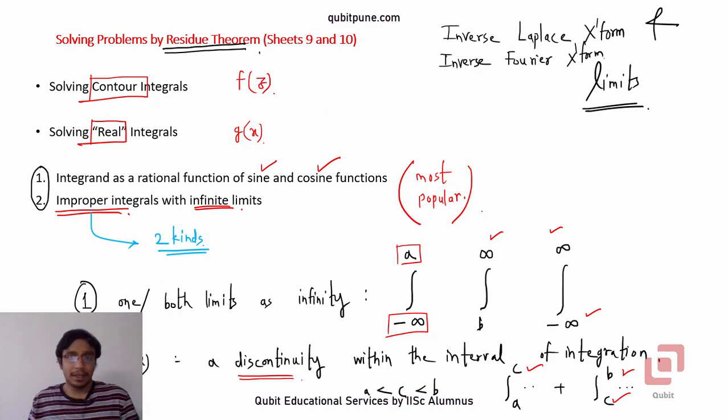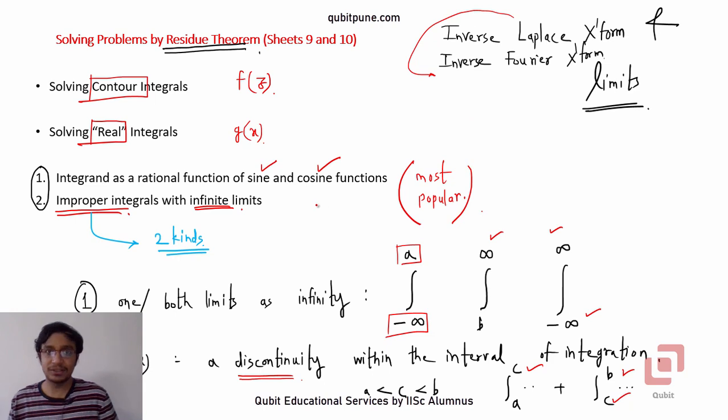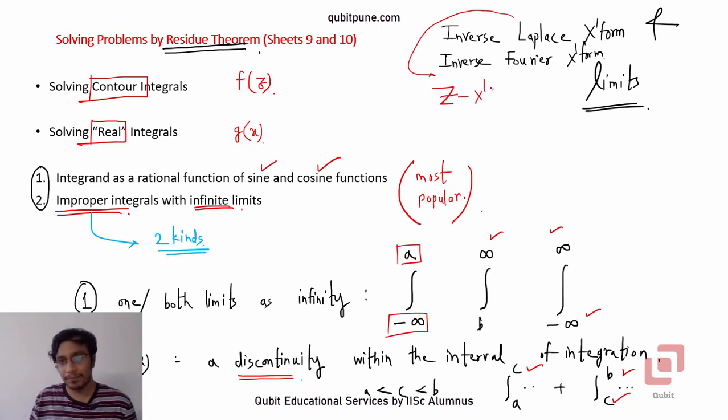The thing about Laplace transform is that, if you remember, when we were discussing the geometric series and its convergence, we talked about Z transform. Now the Z transform exists for discrete functions, which we call sequences.